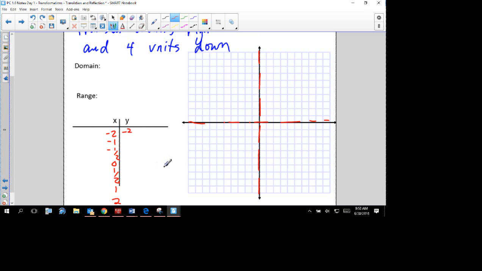Then we got -0.5, -1, -2, 0, 2, 1, 1/2. We graphed it, looked like this. I'll move away if I'm blocking. I just have to stand in front of it when I graph it. So that's our parent function.